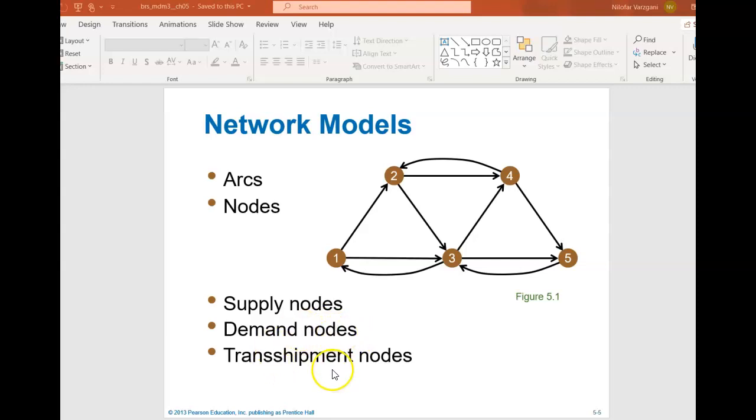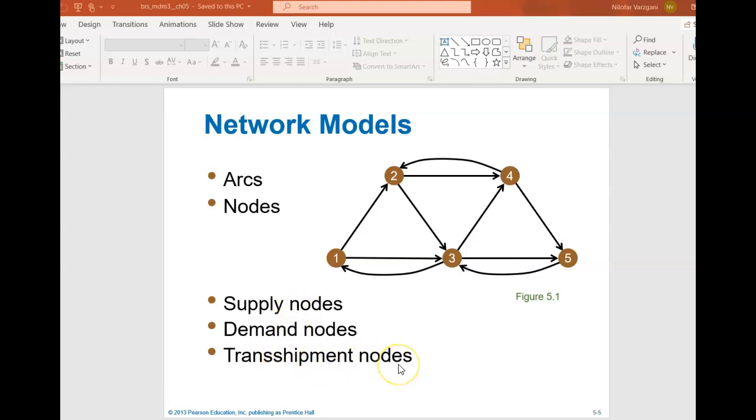We also have a third type of node, which is called a transshipment node, and we're going to cover that in detail in the transshipment example. But transshipment nodes are special because they have the characteristics of both the supply node and the demand node. That means products can be shipped into the transshipment node so that they act like demand nodes, but products can also be shipped out of the transshipment node so that they act like supply nodes.